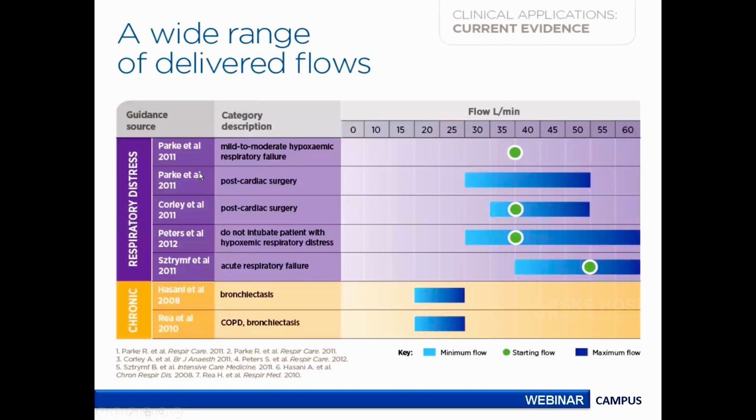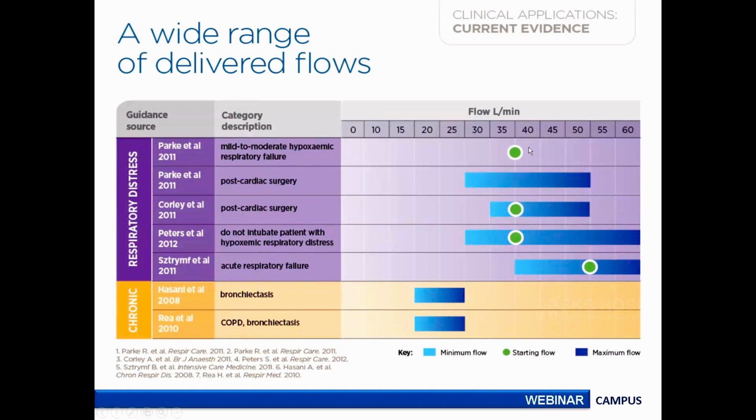There are different studies in ARDS, like post-cardiac surgery. Then you have different studies on do-not-intubate patients with hypoxemic respiratory distress and acute respiratory failure. So here you can see whenever there is ARDS or a hypoxic event, you will definitely have to keep the flow slightly high because this is the flow which is giving the PEEP effect.